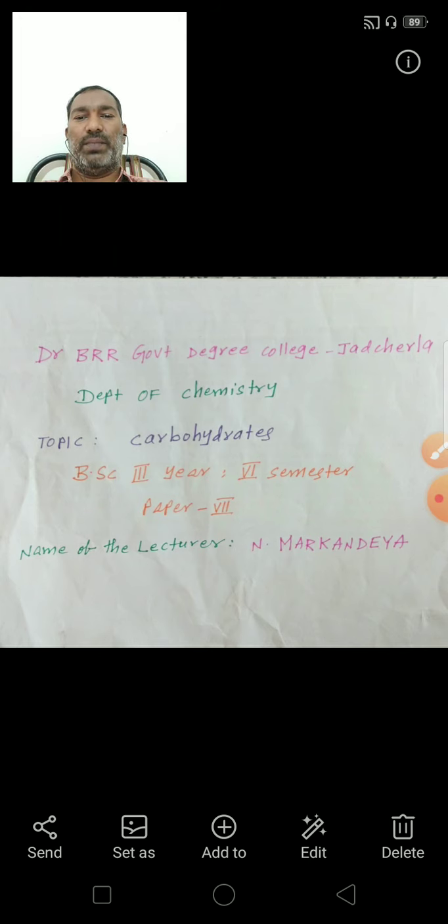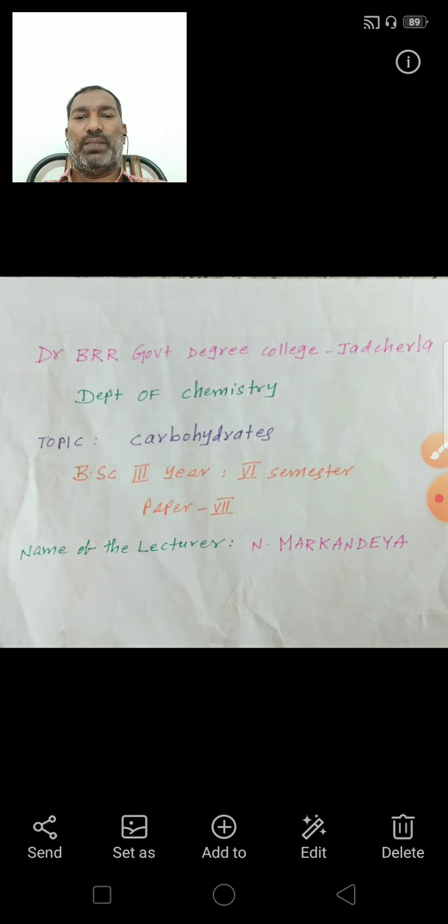Asymmetric means the carbon contains 4 different groups, known as an asymmetric carbon or chiral carbon. See, the second carbon contains an aldehyde group, H on the left side and OH on the right side, and the remaining group. So the second carbon is an asymmetric carbon.